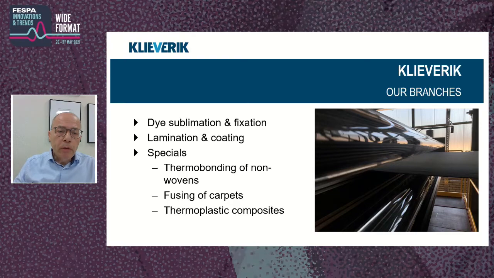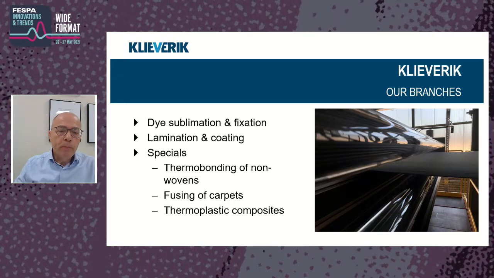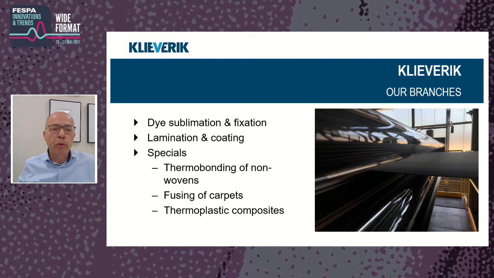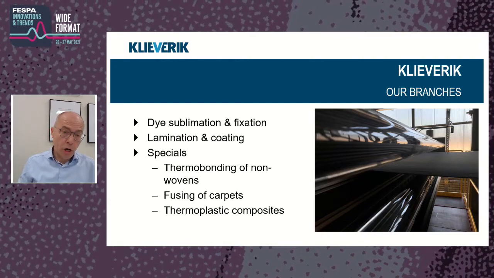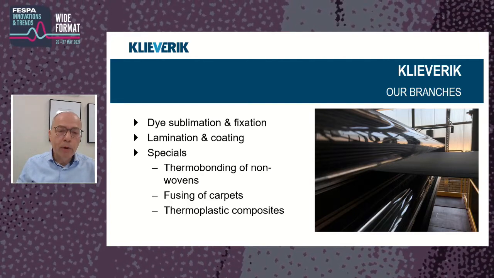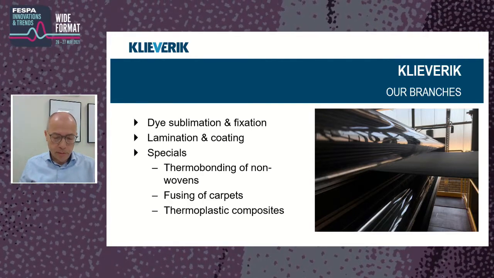We also have some special equipment where we talk about wide width equipment, 5 to 6 meters wide. Think about the thermal bonding process, non-wovens, carpet industry. And then a very special one, but a very intriguing one, is the thermoplastic composite processing.